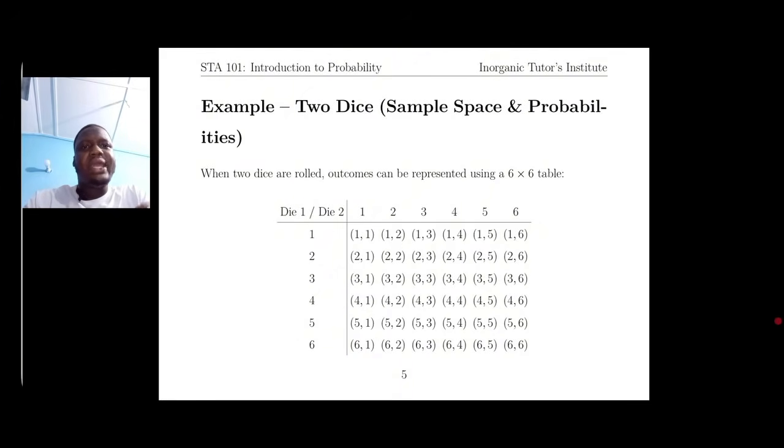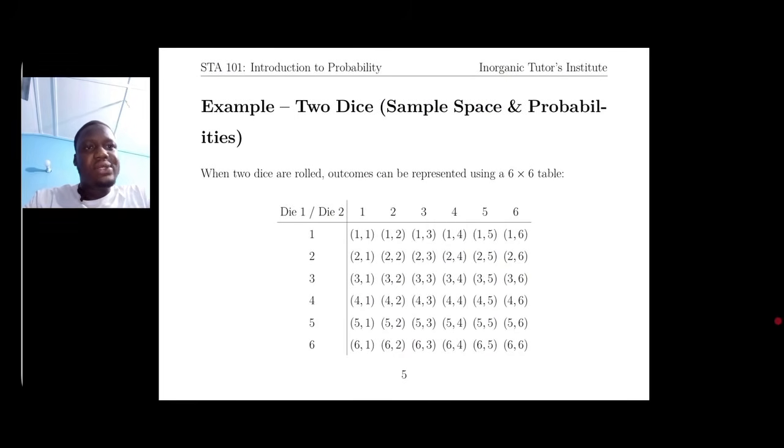Similar terms to this are a single die is rolled twice, or two fair dice are rolled simultaneously, or two fair dice are rolled at the same time. These are all similar terms that mean the same thing. So there is a set of possible outcomes.